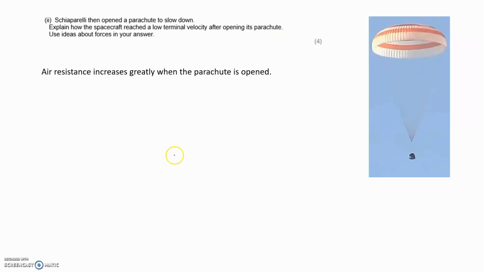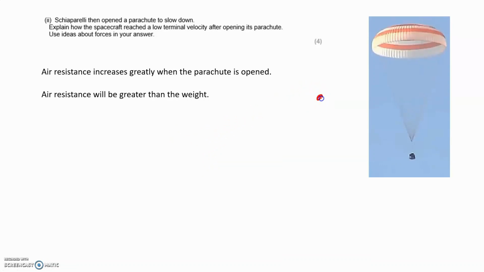Explain how the spacecraft reached a low terminal velocity after opening its parachute, and use ideas about forces in your answer. So the first thing that happens when the parachute opens is that the air resistance increases greatly, and the air resistance will be greater than the weight.